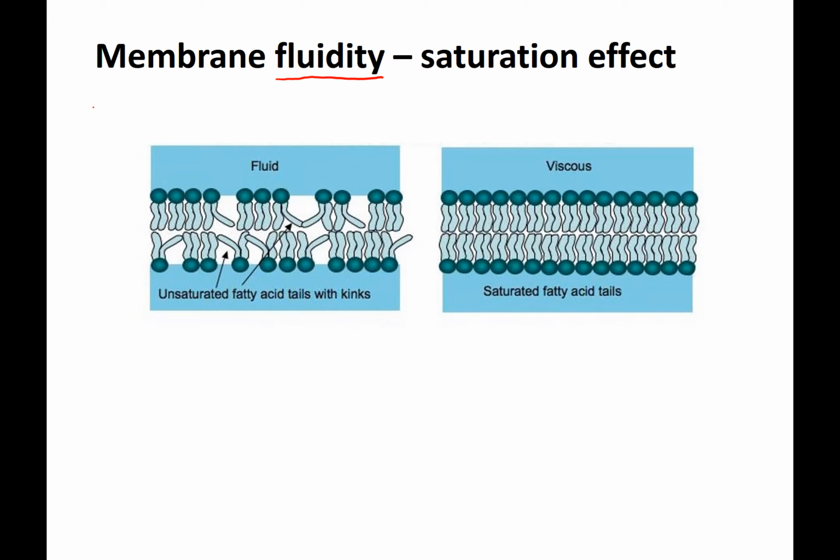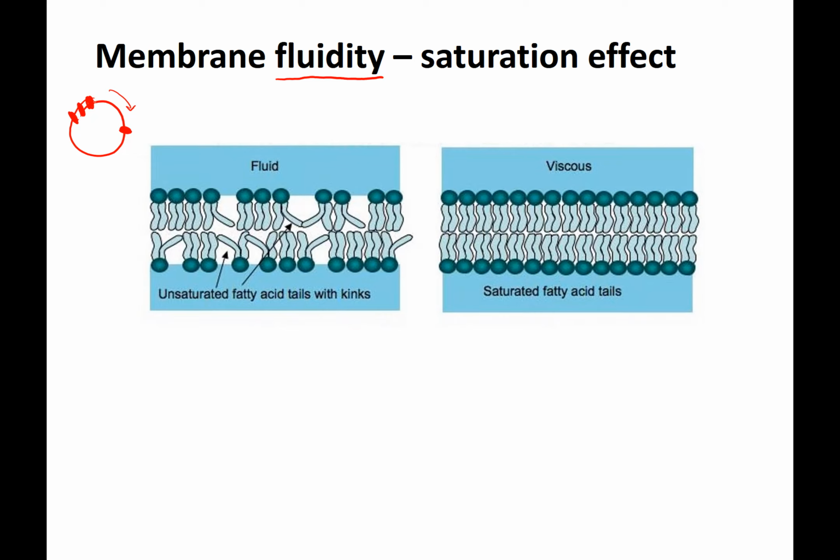Even though we draw our cells like this, and maybe we draw a protein over here, well, it might need to move over here. Or several of them might need to clump up together to respond to the environment over here. So your membrane has to be fluid enough that things can move around, but not so fluid that nothing moves.